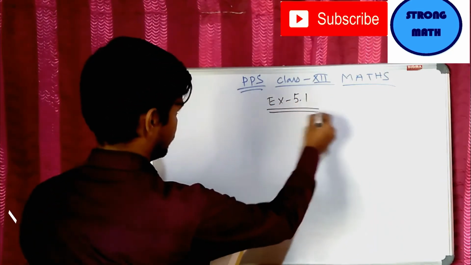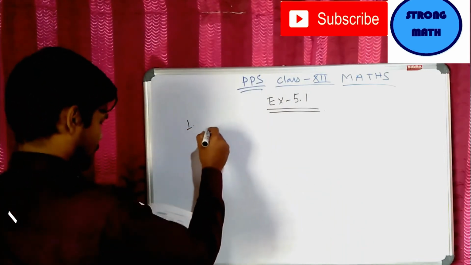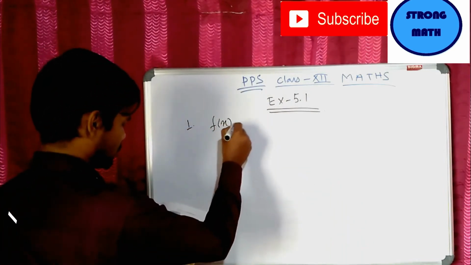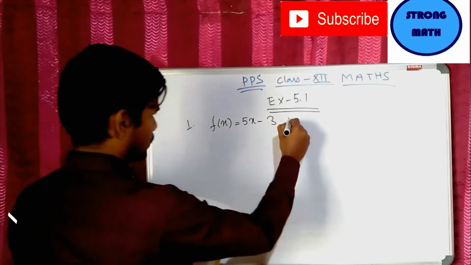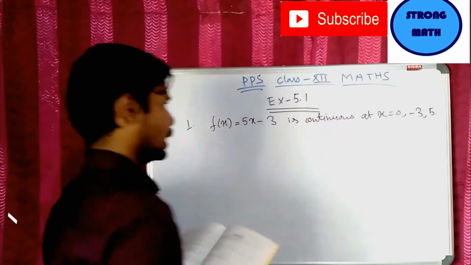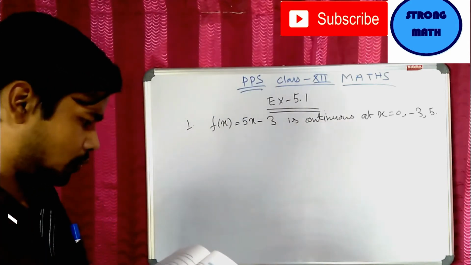Let's start exercise 5.1. Prove that the function f of x equals 5x minus 3 is continuous at x equals 0, x equals minus 3 and x equals 5.